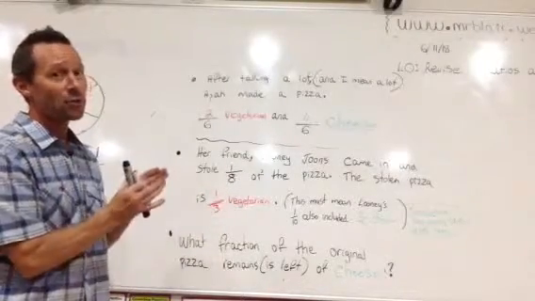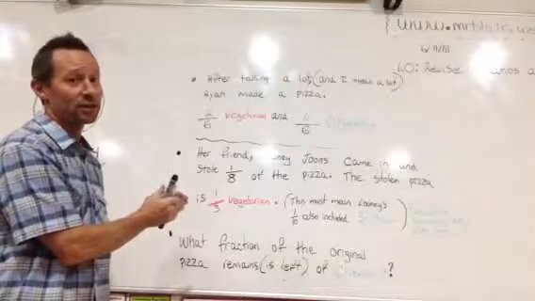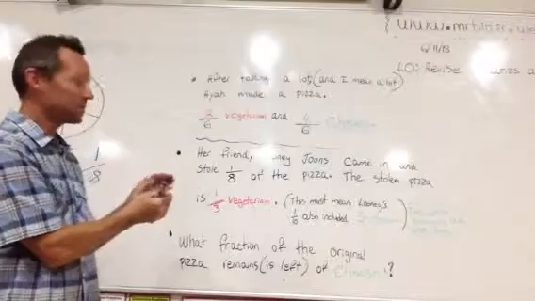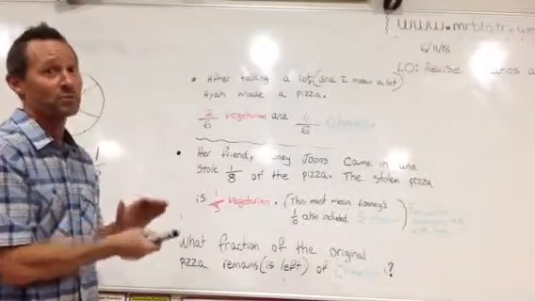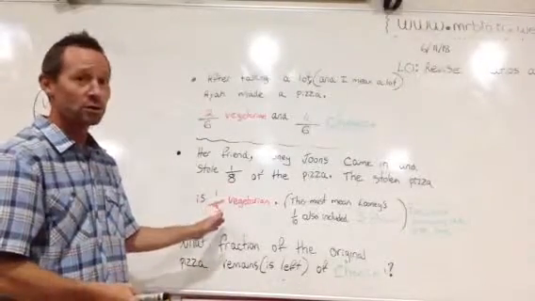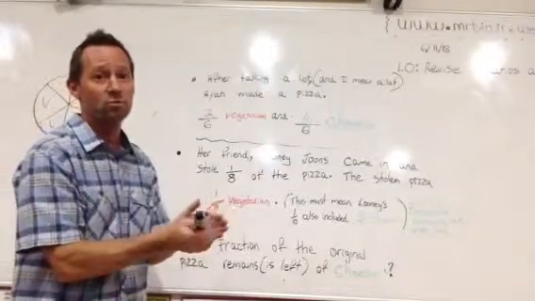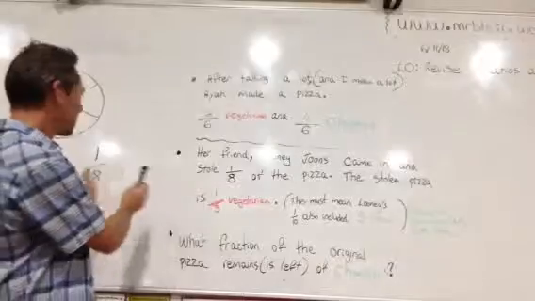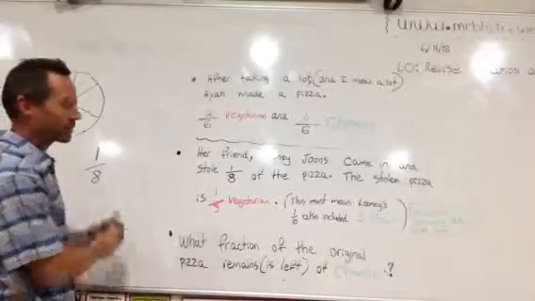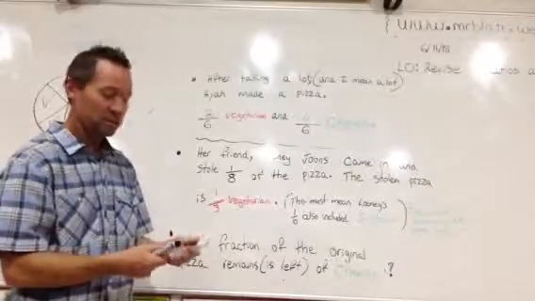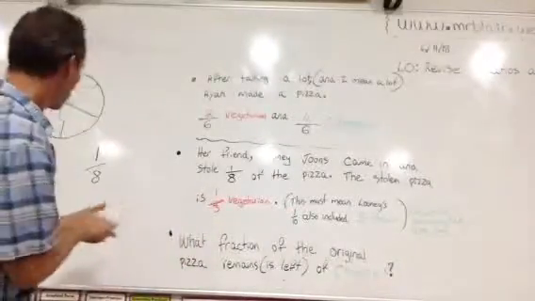So of the 1/8, 1/3 is vegetarian, which must mean the other part of that is 2/3, which must be cheese, because 1/3 plus 2/3 equals 3/3, 1 whole part of the 1/8. So 2/3 is the cheese. So that's what I'm putting over here.